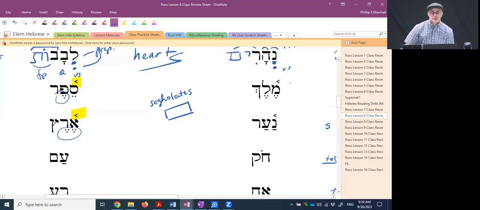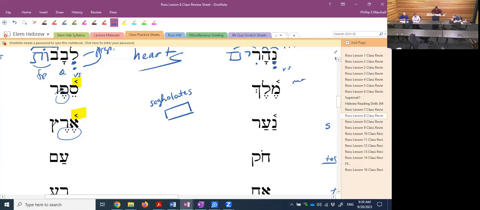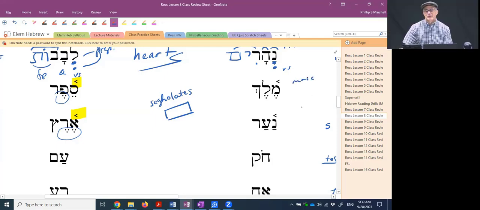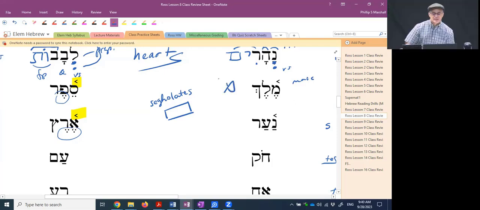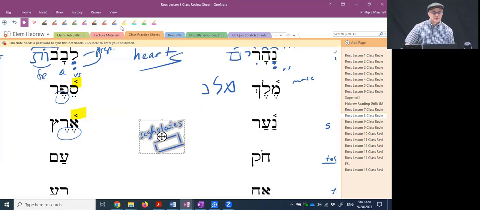First of all, I have to know what gender it is. What gender is melech? Masculine. And so which ending am I looking for in the plural? Im. So I'm going to have to rewrite this: mem, lamed, kaf, but with the non-final form of kaf, because we've got to be able to add something to it.